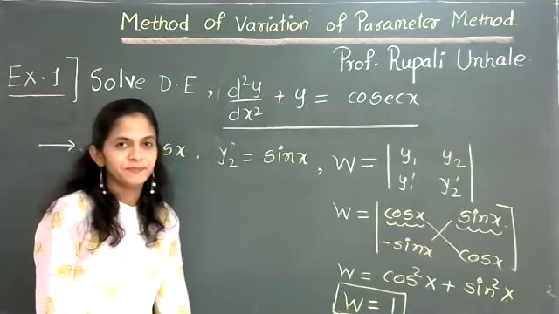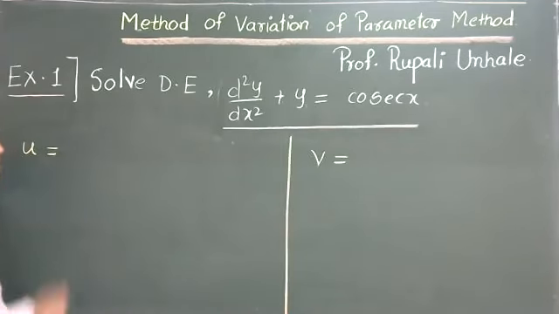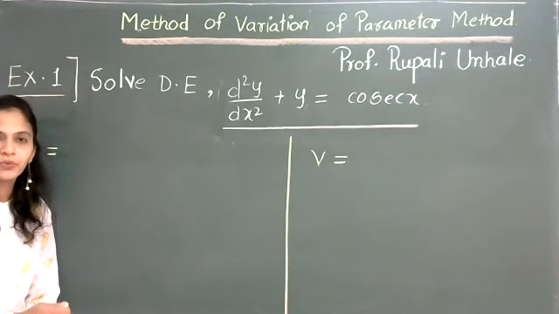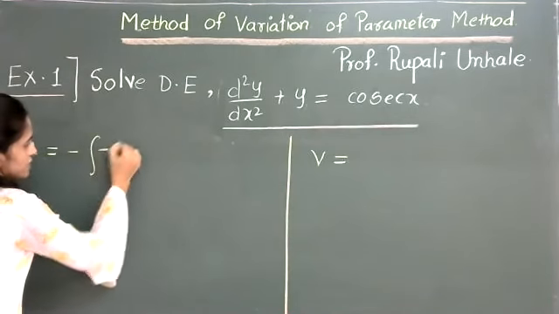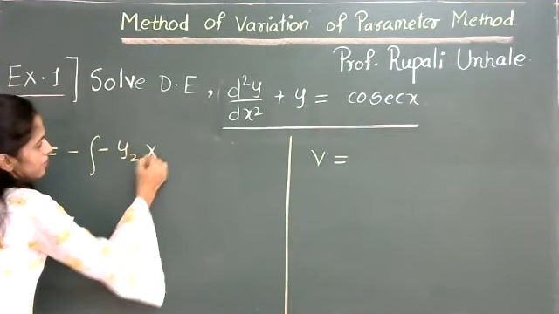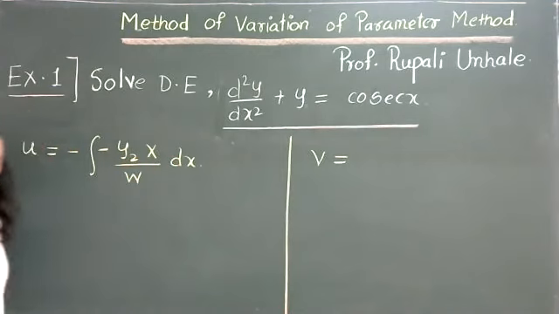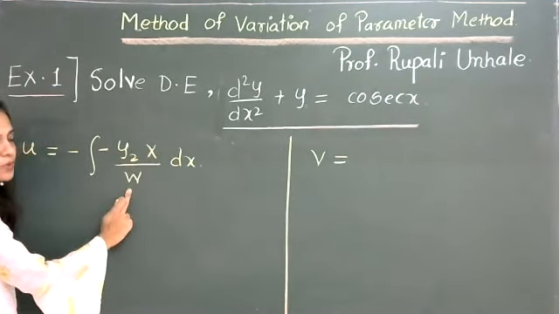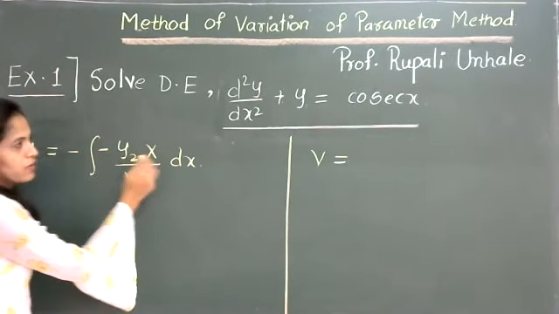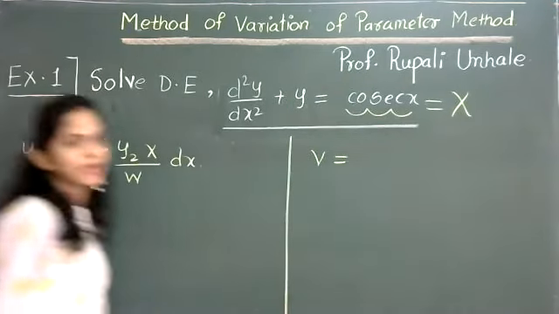So after finding W, next you want to find the value of u and v. So u is nothing but integration of minus y2 X upon W dx. Now let's substitute the value of y2, capital X and W. Capital X is nothing but cosec x.